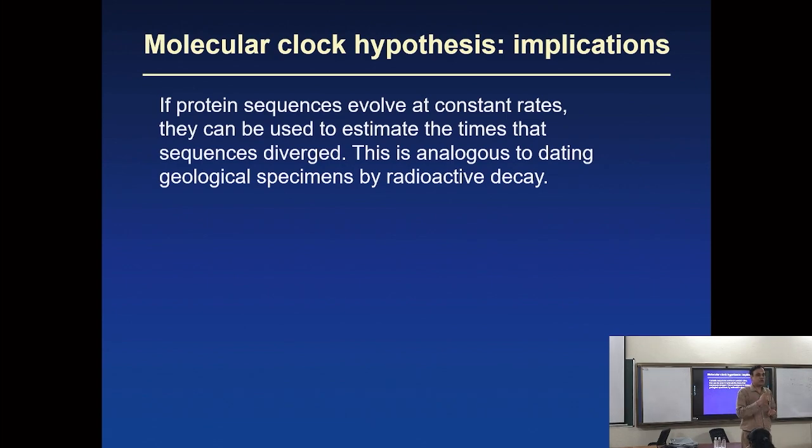You can know when two organisms evolved from their common ancestor, and that can happen if proteins evolve at a constant rate.